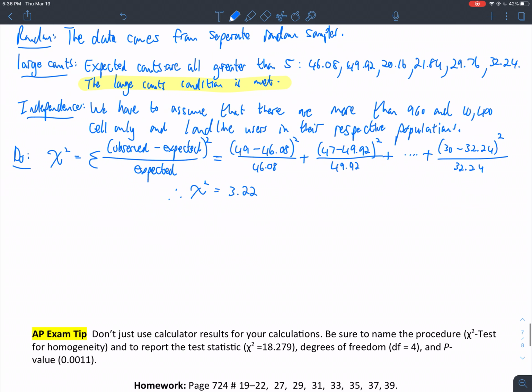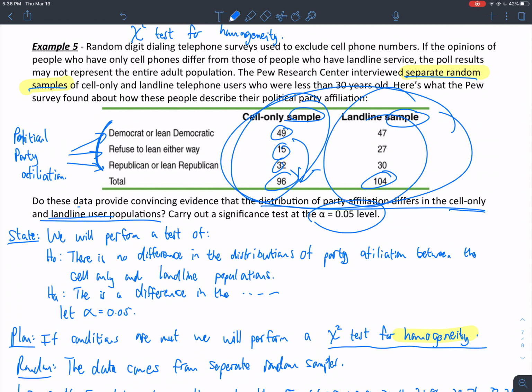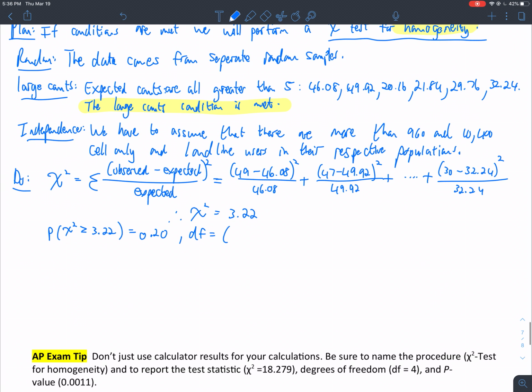Any case, so then we say the probability that chi-squared is greater or equal to 3.22 is, and you got this p-value from your calculator, about 0.20, with your degrees of freedom being, 3 categories and 2 columns, so 3 minus 1 times 2 minus 1, which is 2 times 1, which is 2. That's my degrees of freedom.